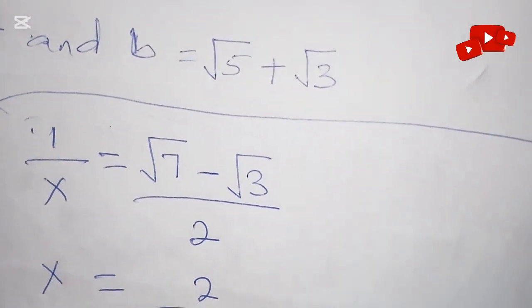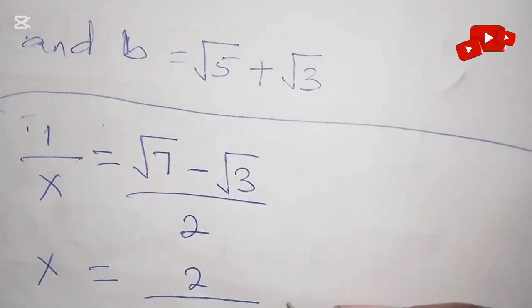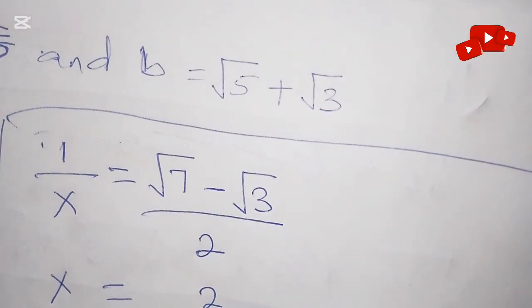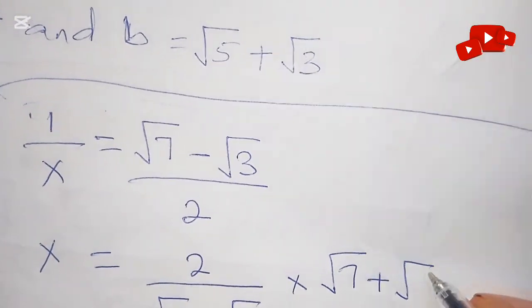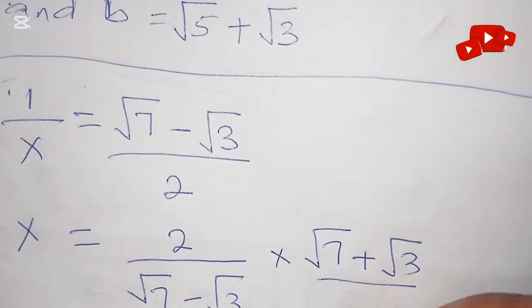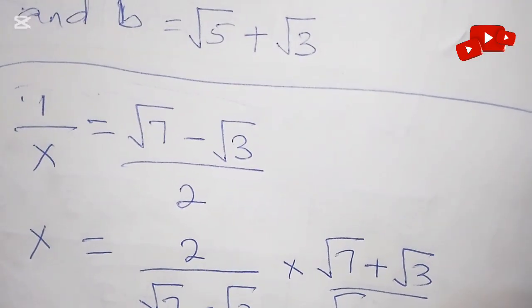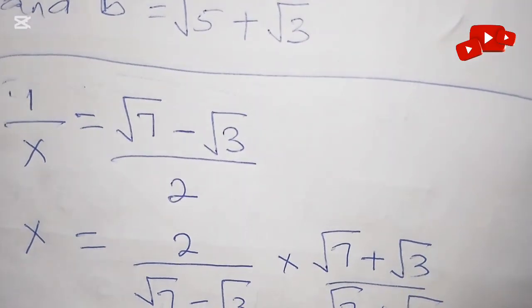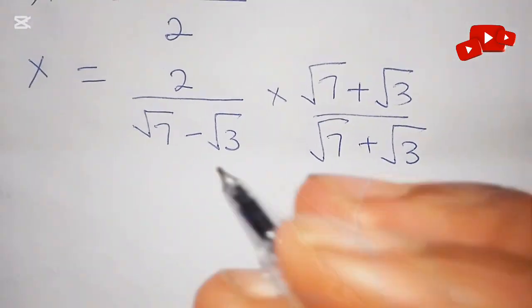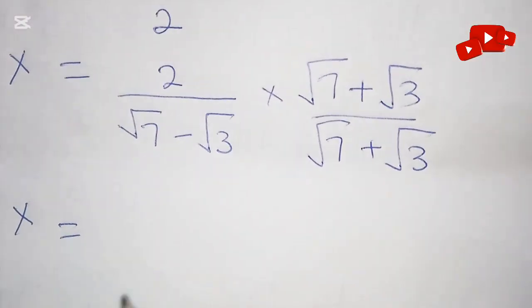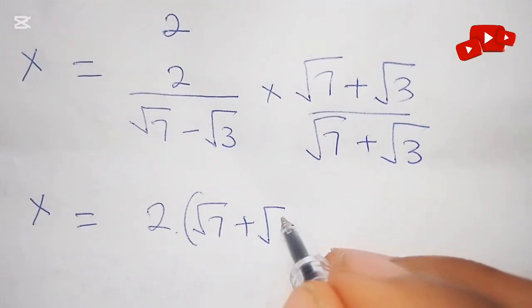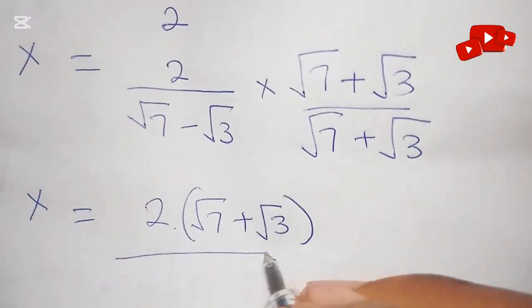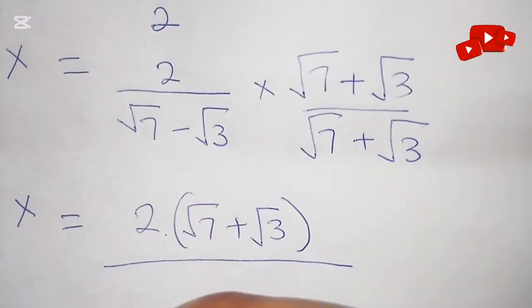So if we do that, this is going to be root 7 plus root 3 up and down. This is 2 times root 7 plus root 3, all over root 49 minus root 9.